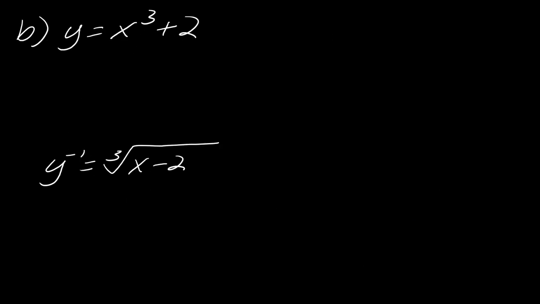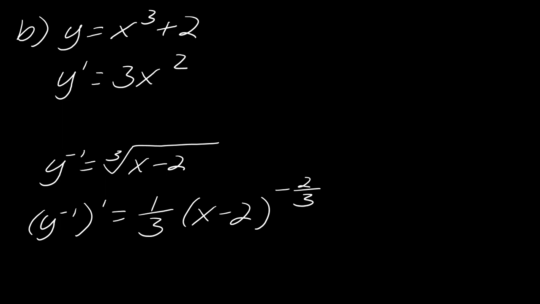Now let's move on to taking the derivative of these two functions. The derivative of my y function here is just going to be 3x squared, that's my y prime. And then the derivative of my inverse, I have to use the chain rule here. This comes out to 1/3 times (x minus 2), all of that to the -2/3.